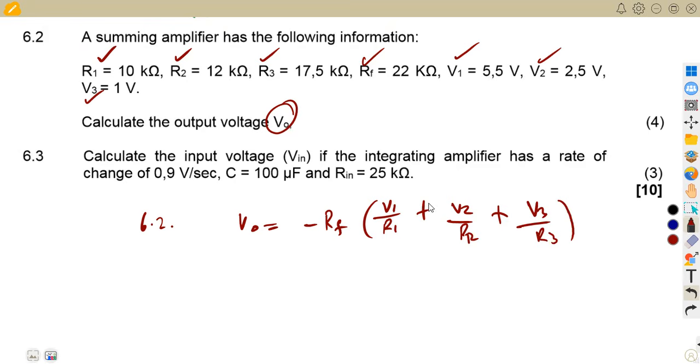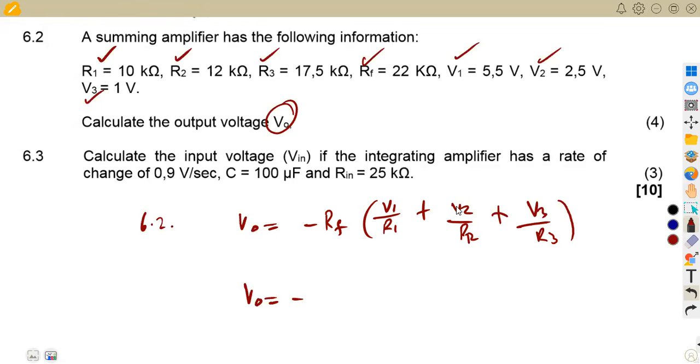Maybe there are 4 or 5, you just have to consider them, but we are given 3 there. So we have minus RF. These are kilo ohms, but unless you factor out the kilo, you just write the numbers as they are, which is fine.